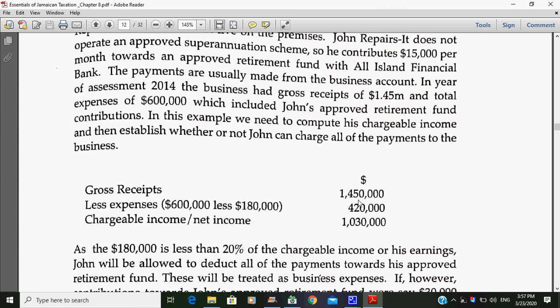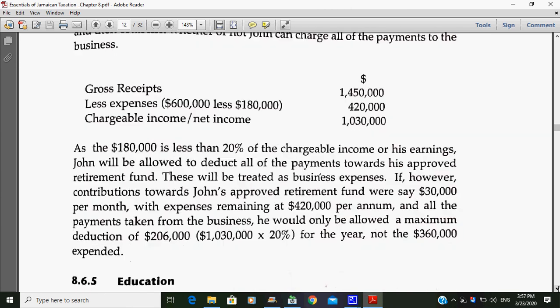If you multiply 0.20 times 1.4 million, you get 280,000. So the 180,000 is less than 20% of this. Alright? John will be allowed to deduct all of the payments towards his approved retirement fund. These will be treated as business expenses.